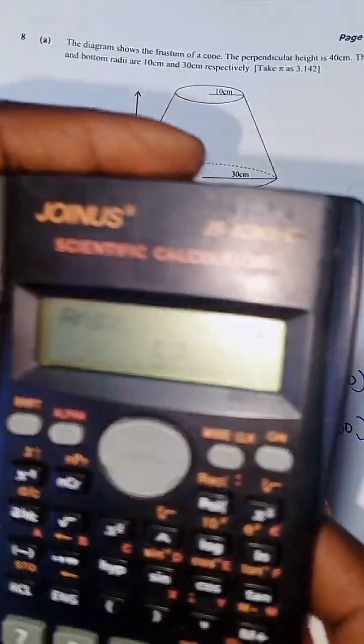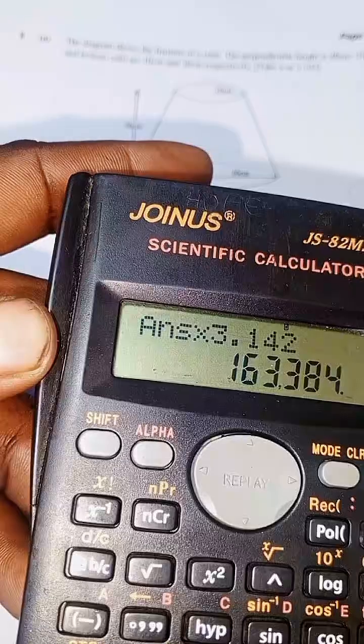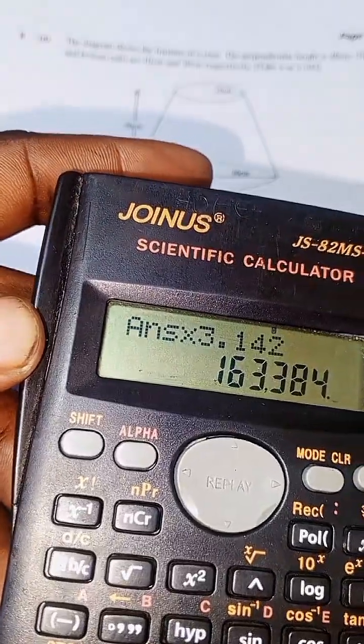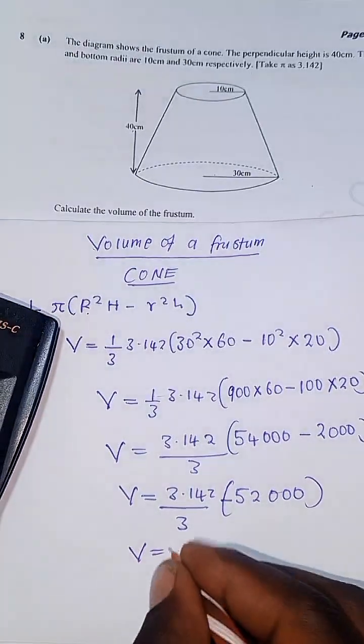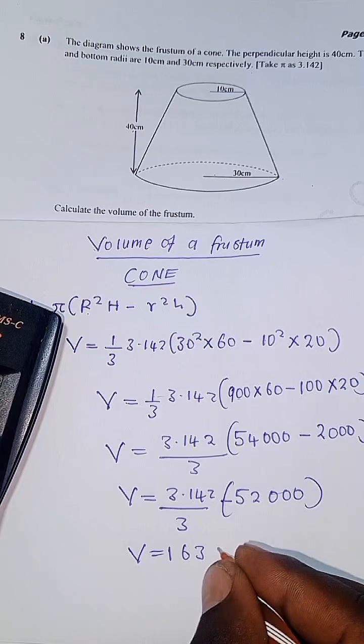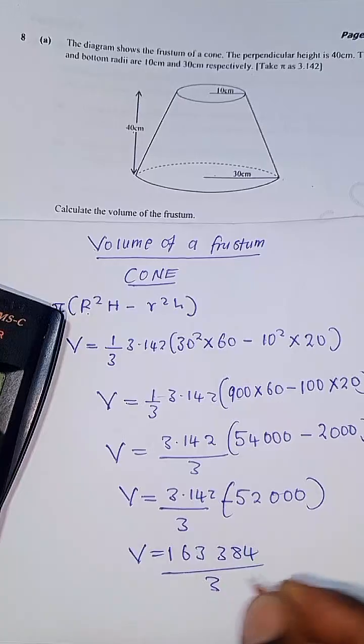Then this 52,000 we can just multiply with 3.142. What are you going to get? You're getting 163,384. This we just try to divide by 3.